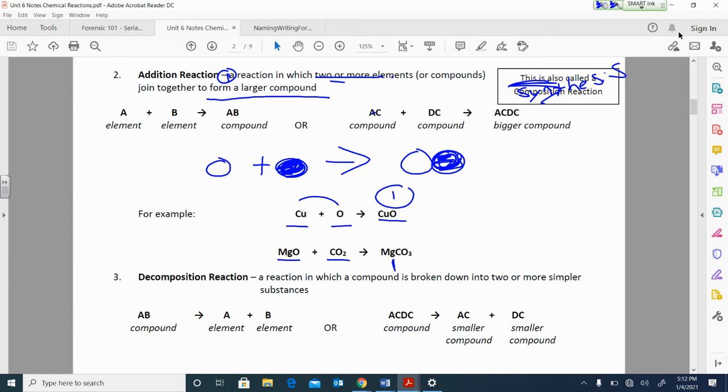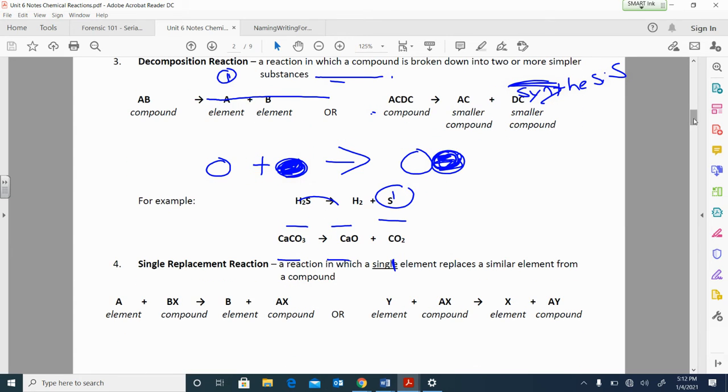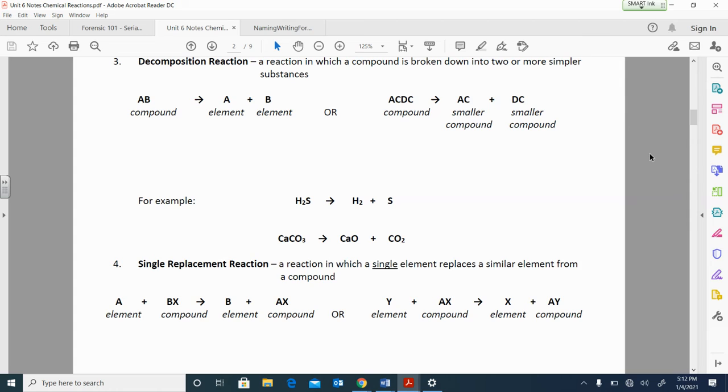They just bond all together. It's an addition reaction. And you will get to see all of these reactions either virtually or actually in person, so you get a better understanding of them. But we first are just going to learn how to classify them.